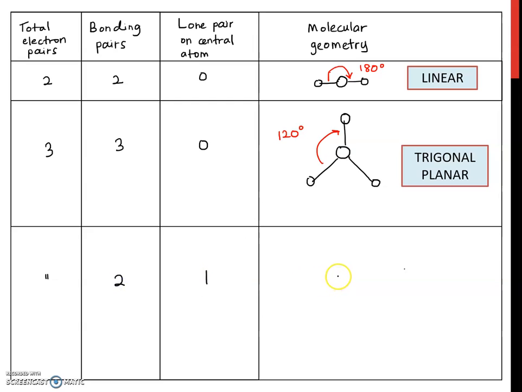So how about the structure? Okay, kalau kita tengok, if 3 bonding pairs, kalau 3 atom bonded kepada central, dia akan form trigonal planar. Okay, tapi bila ada 2 atom bonded to central atom, or 2 bonding pairs and another one is lone pair.